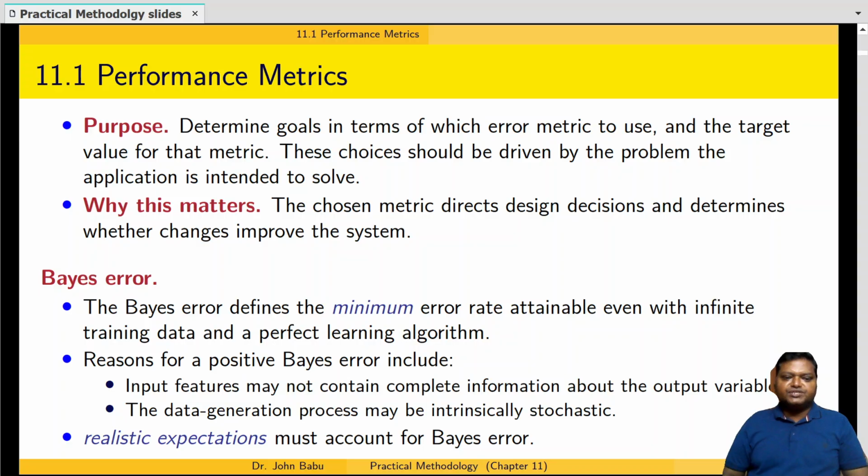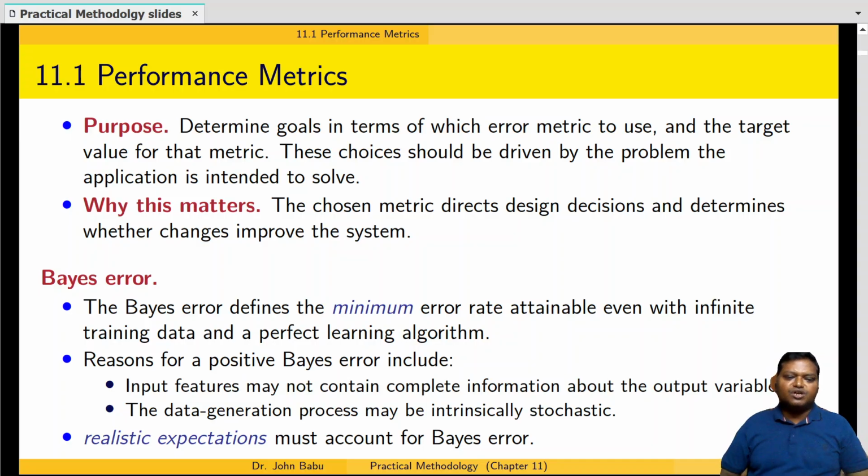So base error is a positive one. Why did that error occur? We are saying we have infinite data and a perfect learning algorithm, but even in spite of that, why does error occur? Because your features may not contain all the information related to the output. And secondly, though you have infinite data, data generation may be random.